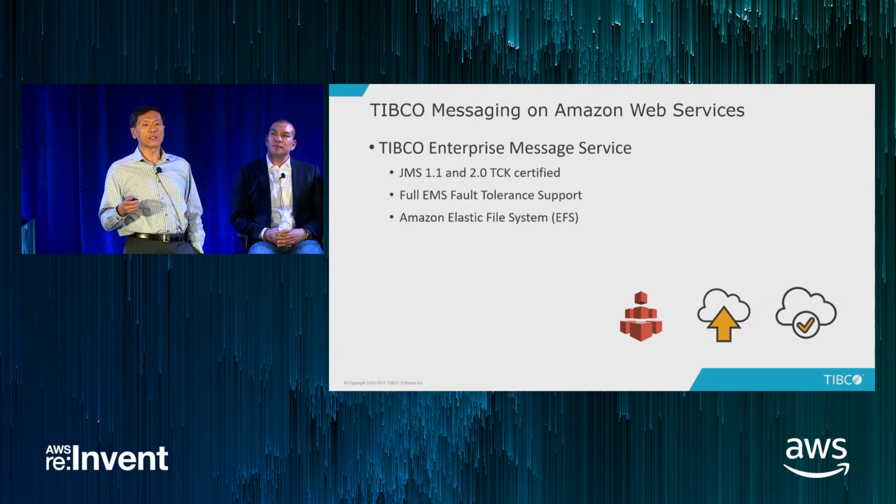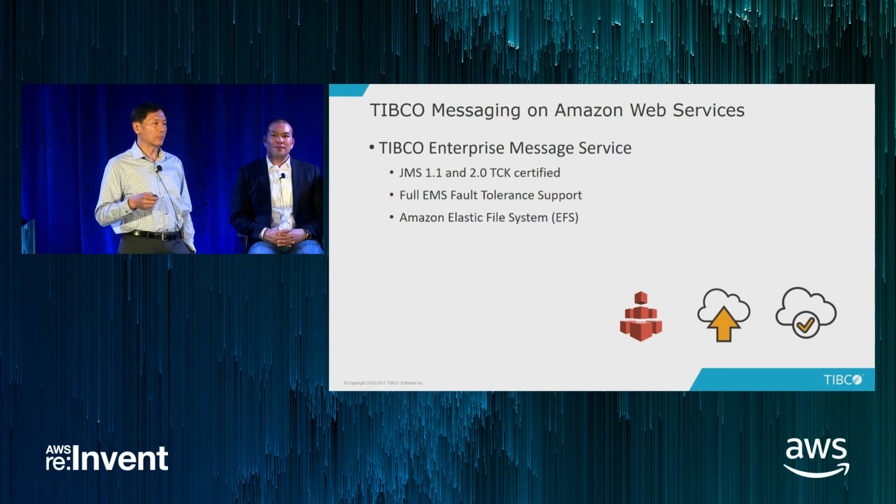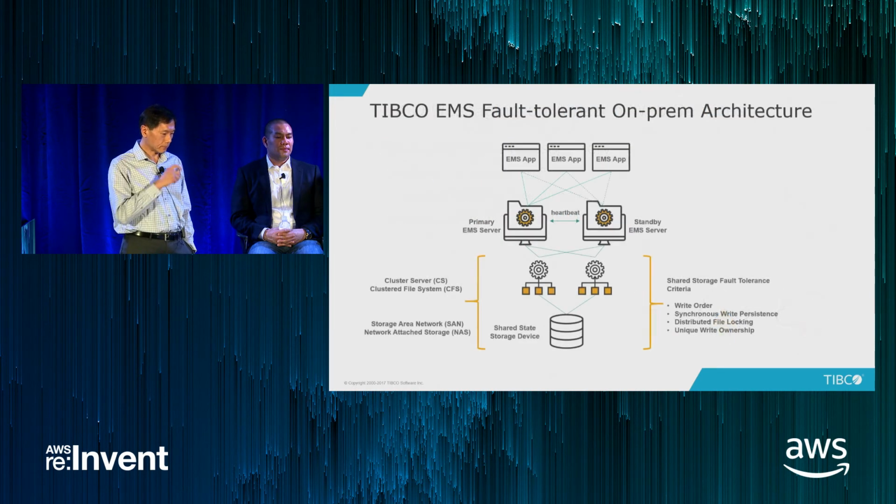We've also added extensions to JMS for enhanced usability as well as customer requirements. And a lot of customers are looking to move their infrastructure to AWS. So we've been working with the AWS team this past year to ensure that we can deploy the entire EMS infrastructure on AWS. So let me talk a bit more about the architecture for EMS on-prem.